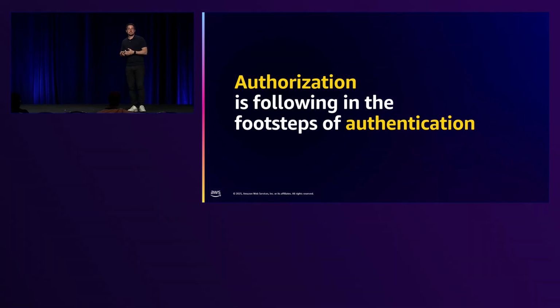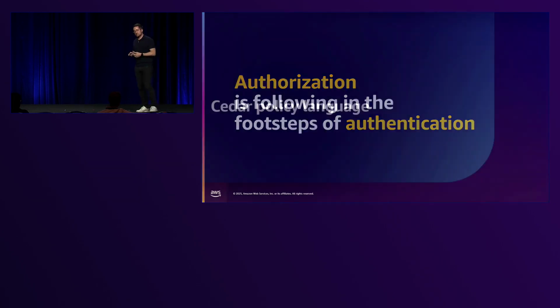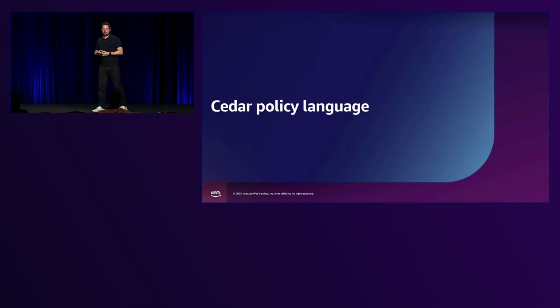The next part is an authorization engine that takes in these policies, and you can interact with this authorization engine in order to get a decision: can a user do something in my application, yes or no? And in your application, you would then enforce this decision and let the user in or not. And this is where the Cedar policy language comes into play. And Cedar is exactly that.